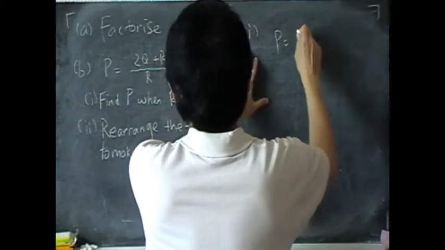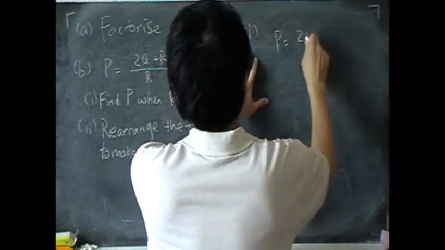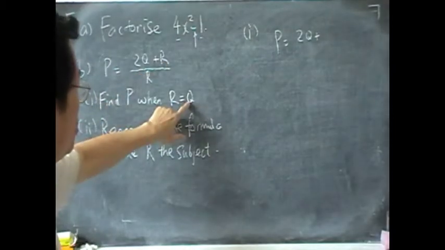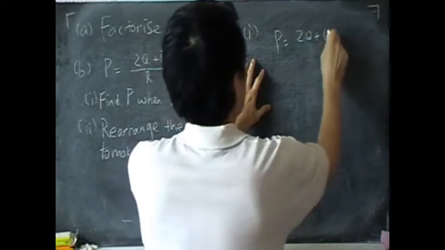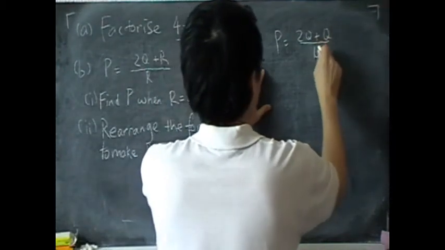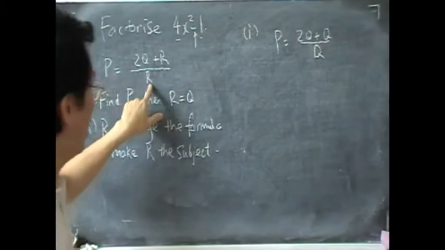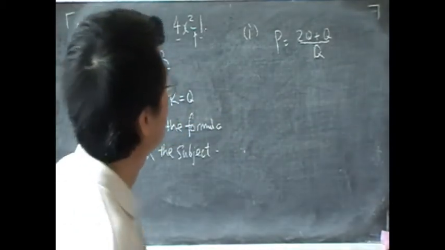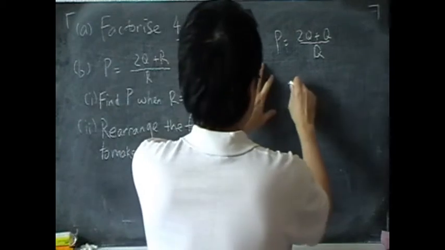So we get P is equal to 2Q plus Q, so R becomes Q, divided by R becomes Q. We can now simplify this.